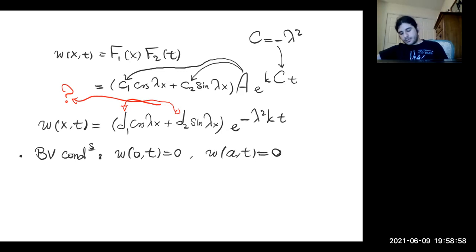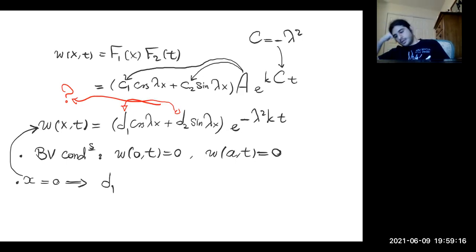Great. Let x be equal to 0. Plug that inside this equation. We get d1 cosine of 0. Cosine of 0 is 1, so d1 plus d2 sine of 0, which is 0, times e to the minus lambda squared kt should be equal to 0.